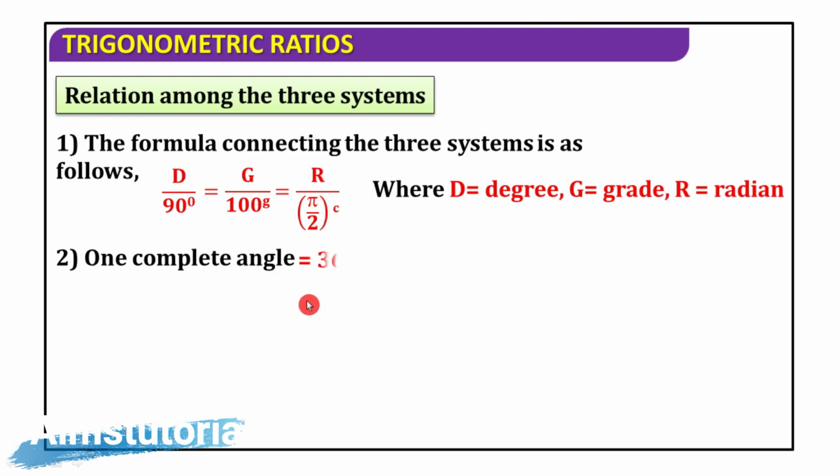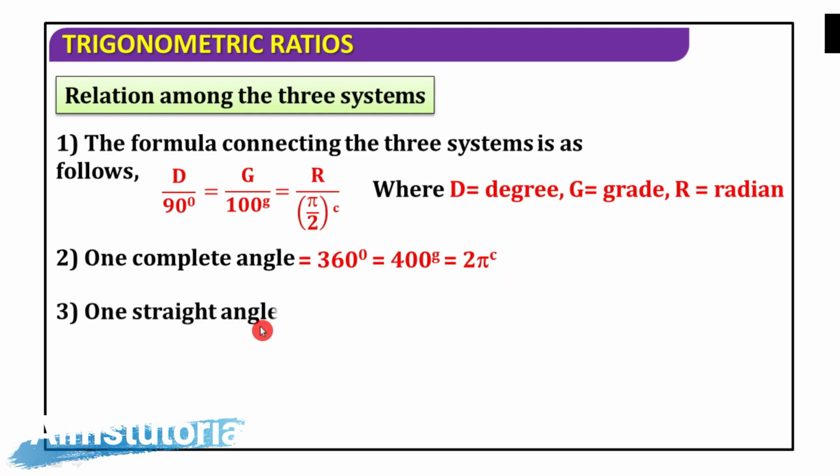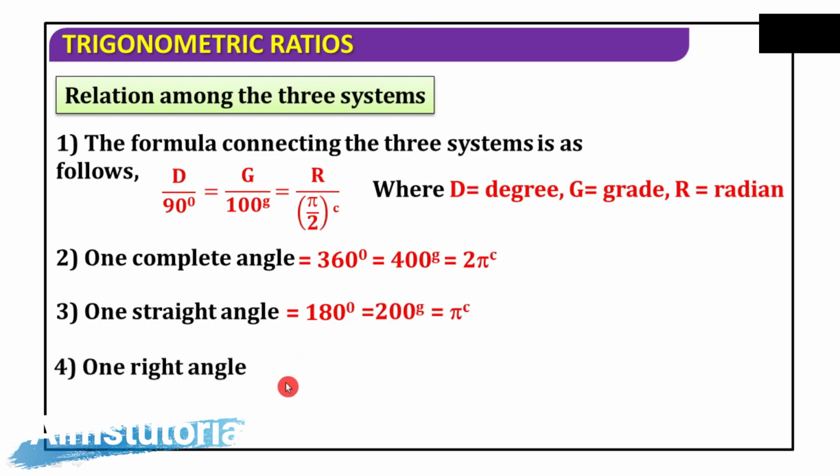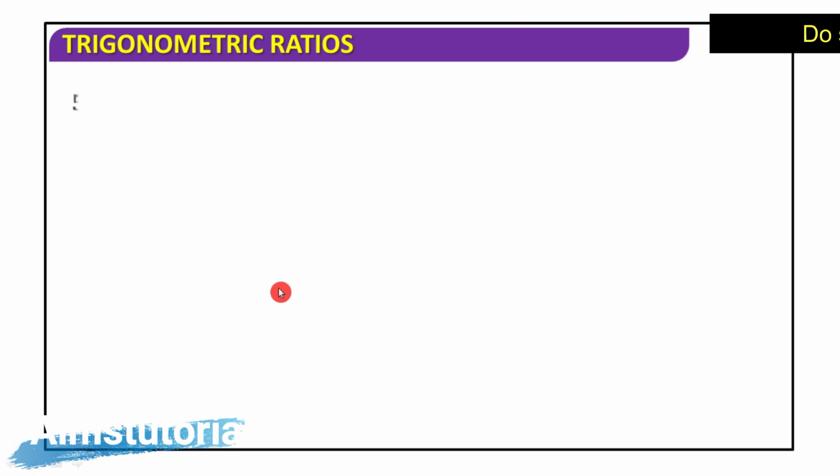One complete angle equals 360 degrees or 400 grades or 2 pi radian. One straight angle is 180 degrees or 200 grades or pi radian. One right angle equals 90 degrees or 100 grades or pi by 2 radian.